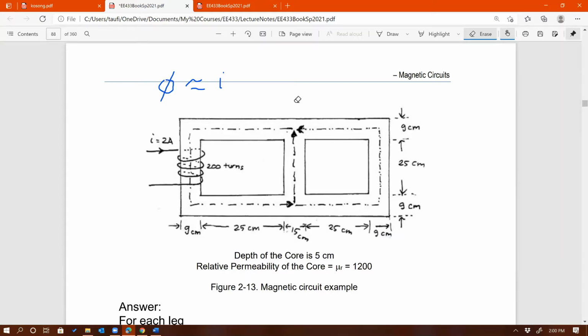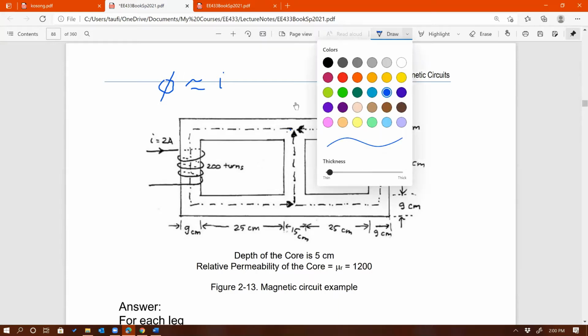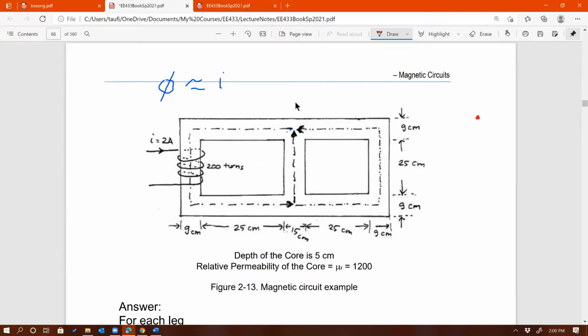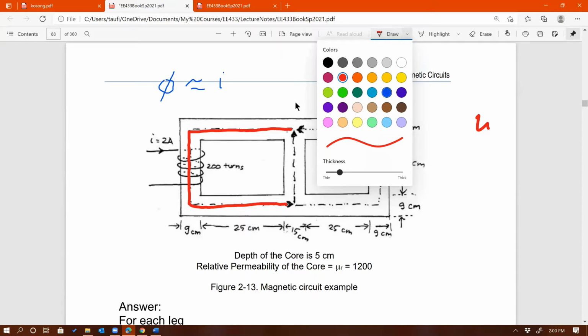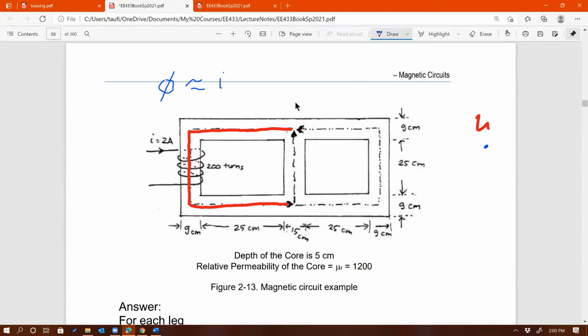And in this example, the way I did it is, let me use a thicker line. Okay. So I divide it into 3. I believe this is the first segment that I did. The segment represents a reluctance, so the one that I just drew is going to have its own reluctance.